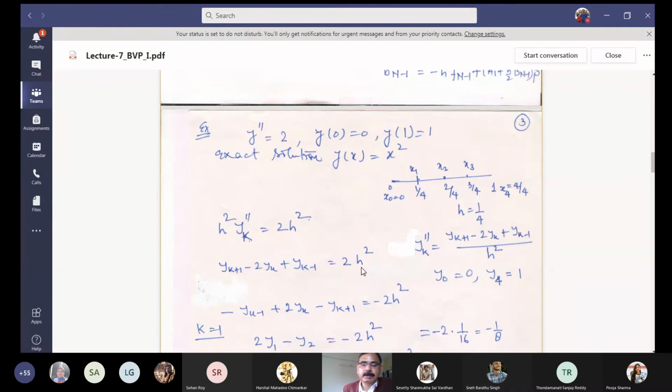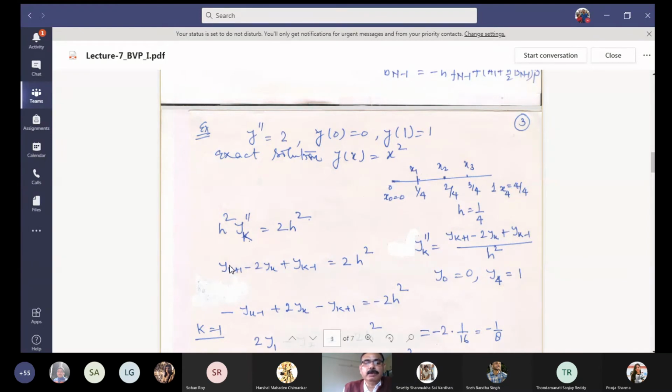Now you are writing in your notebook. Okay. Now take k equal to 1.